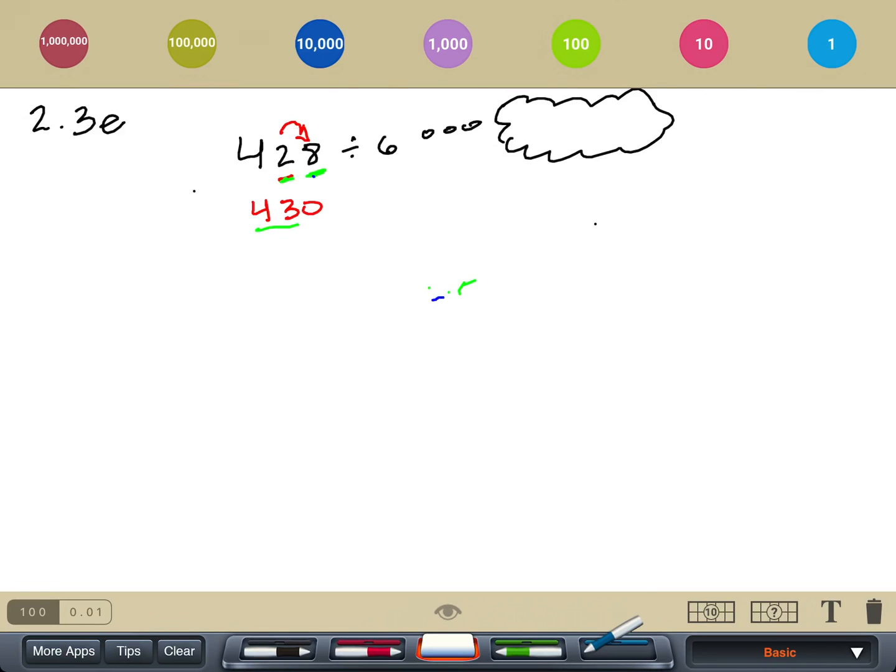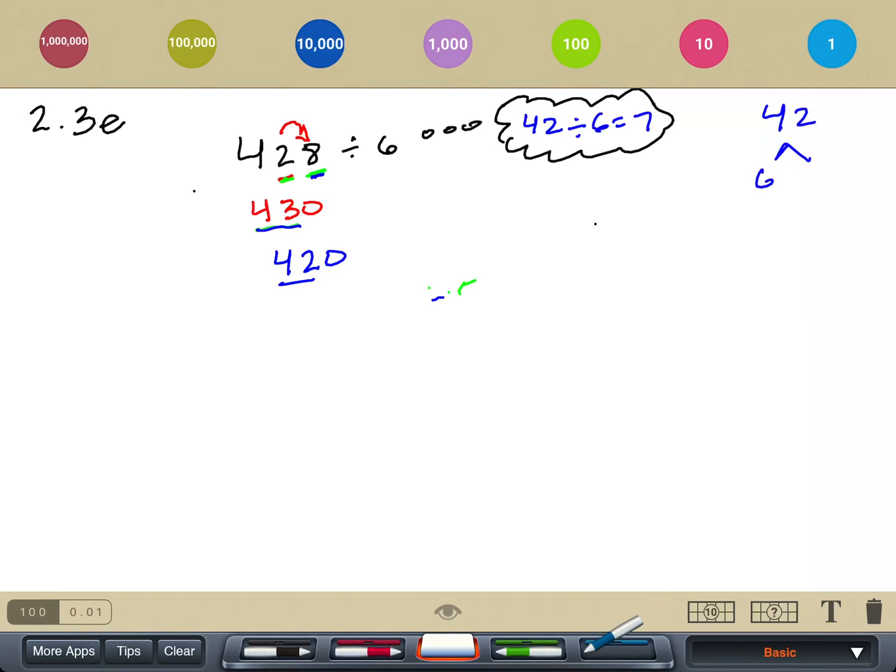So let's do that. Let's pretend this 8 isn't here, and instead of rounding this and knowing that that's 43 tens, let's make it 42 tens. 42 tens divided by 6, in your brain you should be thinking, oh, I know that 42 divided by 6 equals 7. So 42 tens divided by 6 equals 7 tens.